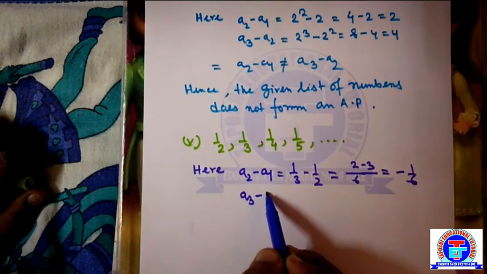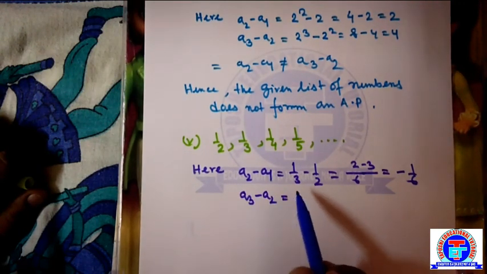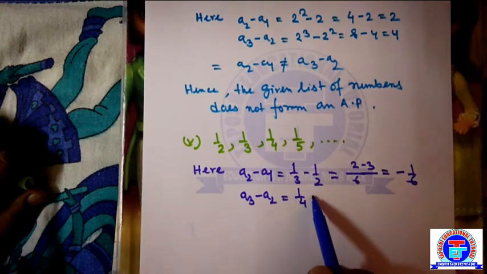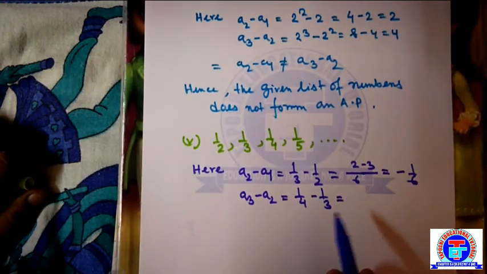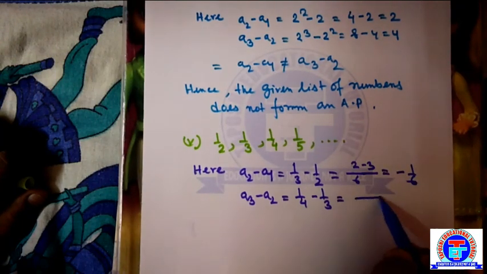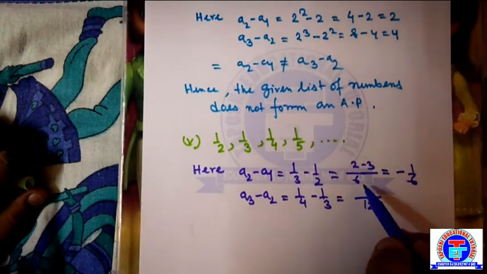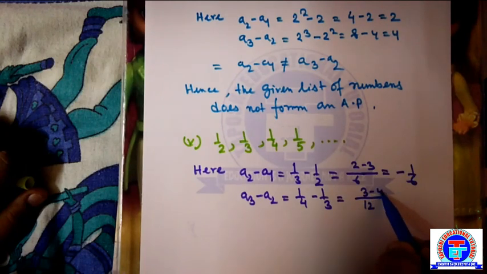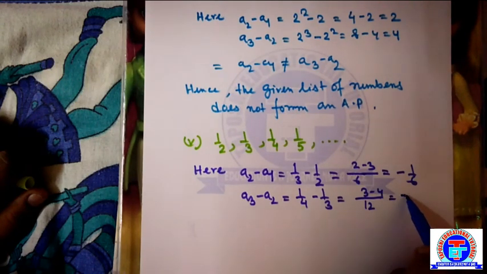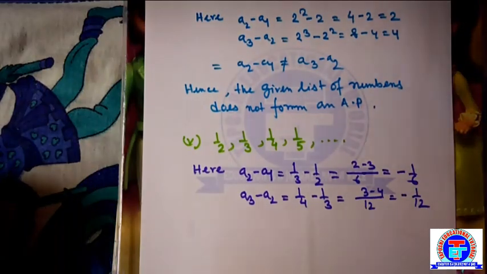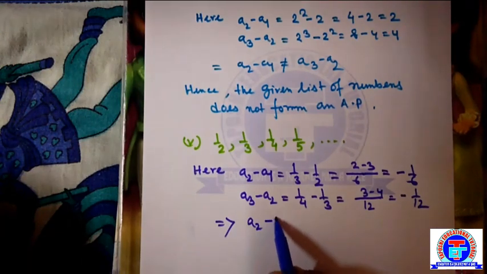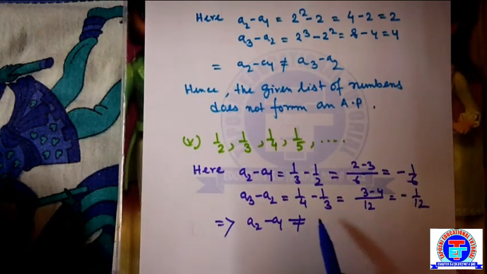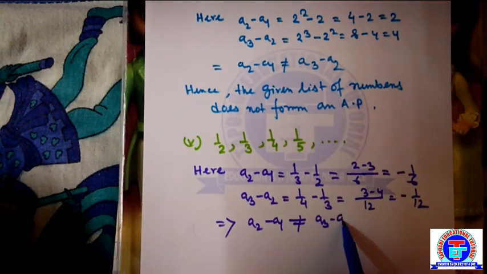And A3 minus A2 is equal to 1 by 4 minus 1 by 3 is equal to, we can write LCM 12 is there, so 3 minus 4 is equal to minus 1 by 12, right? So implies that A2 minus A1 is not equal to A3 minus A2.